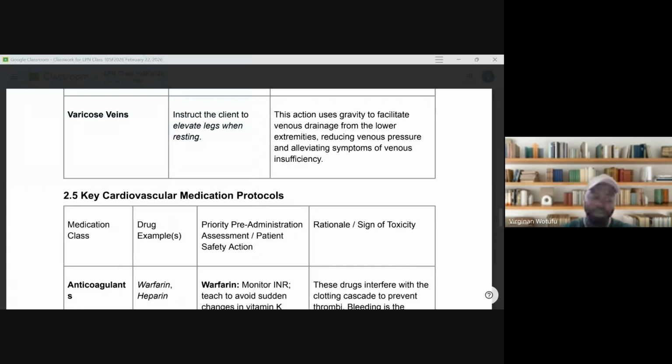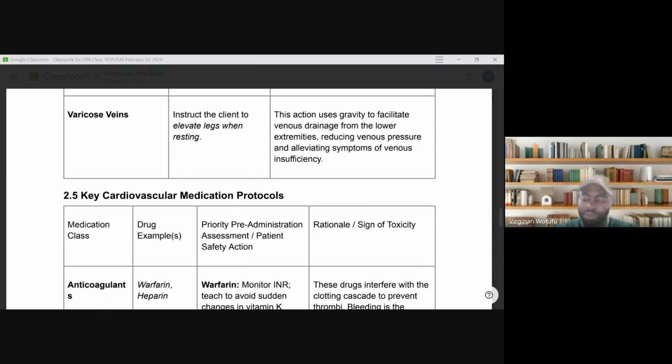With this, our priority intervention is maintaining a patent airway, right? And you need to avoid introducing any objects in the mouth. Do not put anything in the patient's mouth. Maintain a patent airway, and don't confine or restrict the patient.